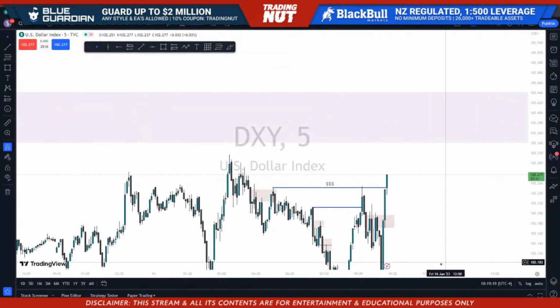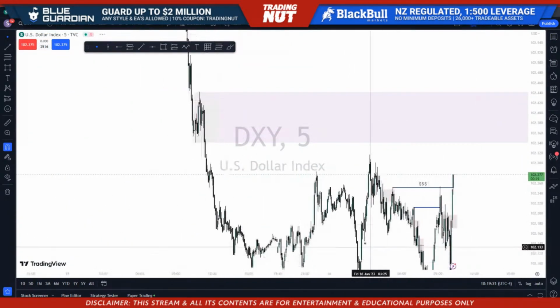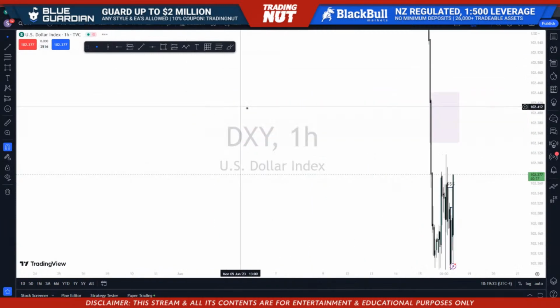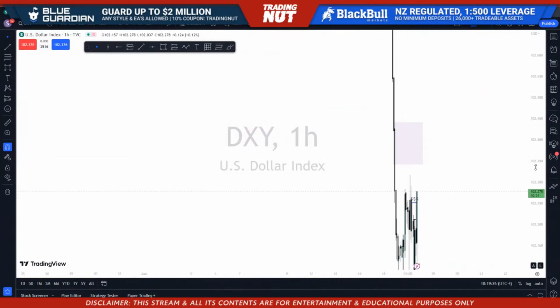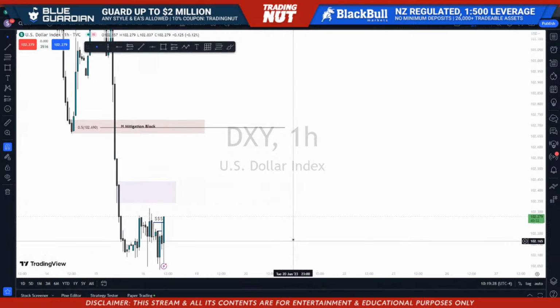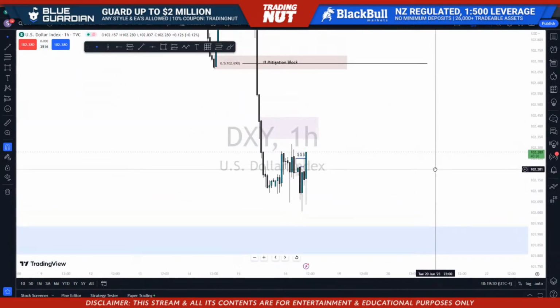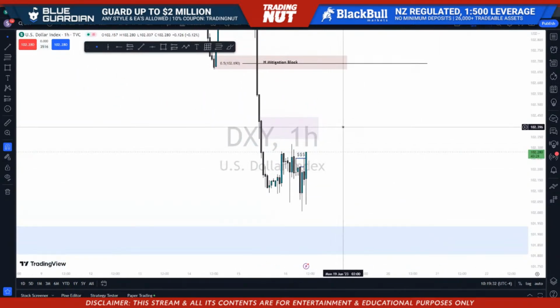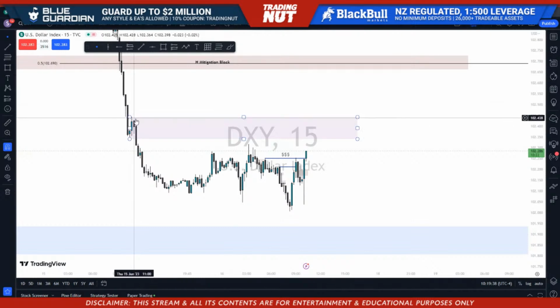Okay, yeah. So the dollar index, it's gonna tap into this hourly order block. It's showing us the impulse. Again, right now we're in an indecisive range. If we want to see it bleed lower, we have to see it take out something higher. And when it hits into this order block, for example, that's when we'll be looking to take our trade downwards.